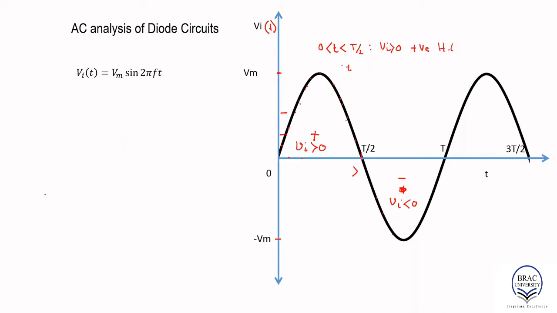And when t is greater than T by 2 and less than T, we find Vi is negative, less than 0, and we call it the negative half cycle. Mathematically it can be expressed as Vm sine 2 pi ft.